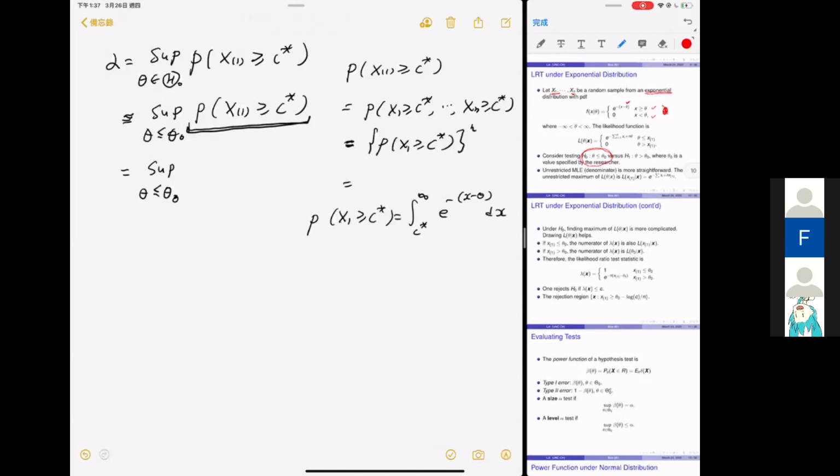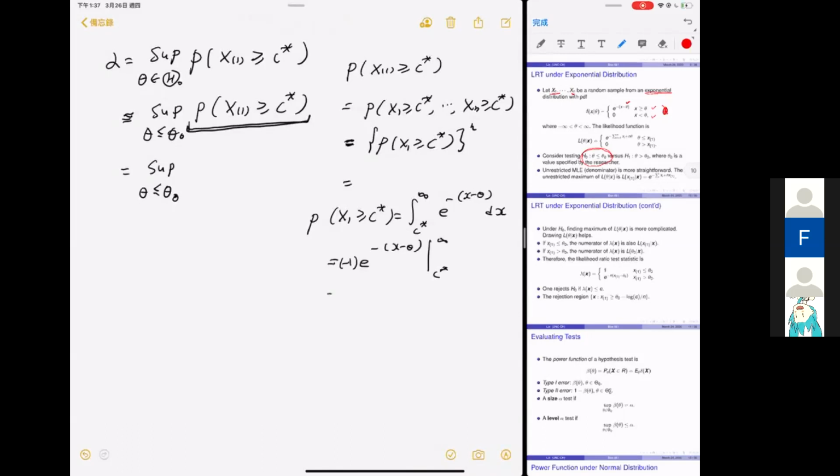So that means this equals what? Exponential minus x minus c, right? Minus theta, hopefully I do that correctly. Minus dx, then minus 1, I think.